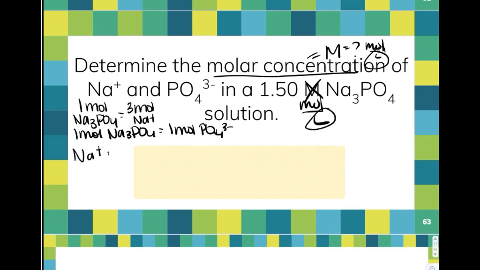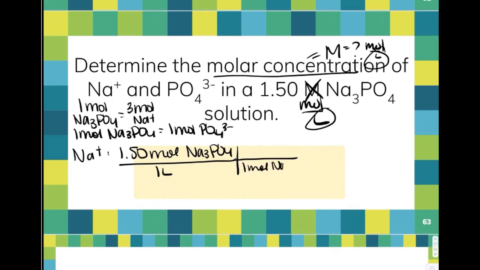So to do the sodium, I will take 1.50 mole of sodium phosphate over 1 liter of solution. And I will use a mole ratio to transfer my molarity from talking about the sodium phosphate to talking about just the sodium.